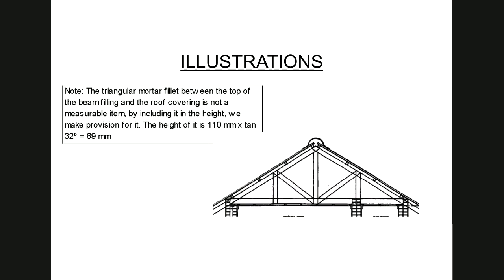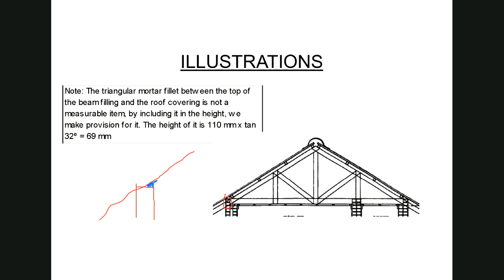Now, the beam filling sitting in this position over here, if I'm drawing it in a bigger format, the beam filling is 110 millimeter wall like that, and our roof covering is coming down. So also here, a little triangular fillet is formed on the inside where we have a connection between the roof covering and the top of the beam filling.